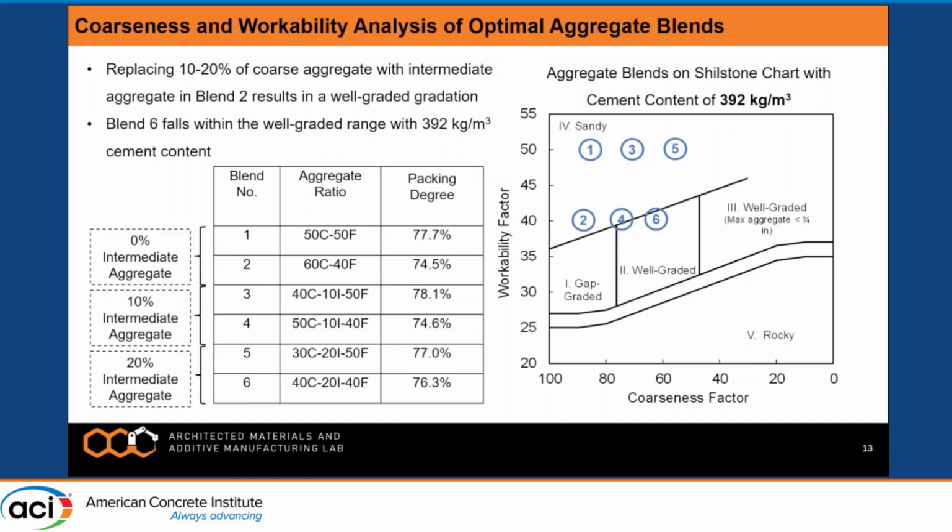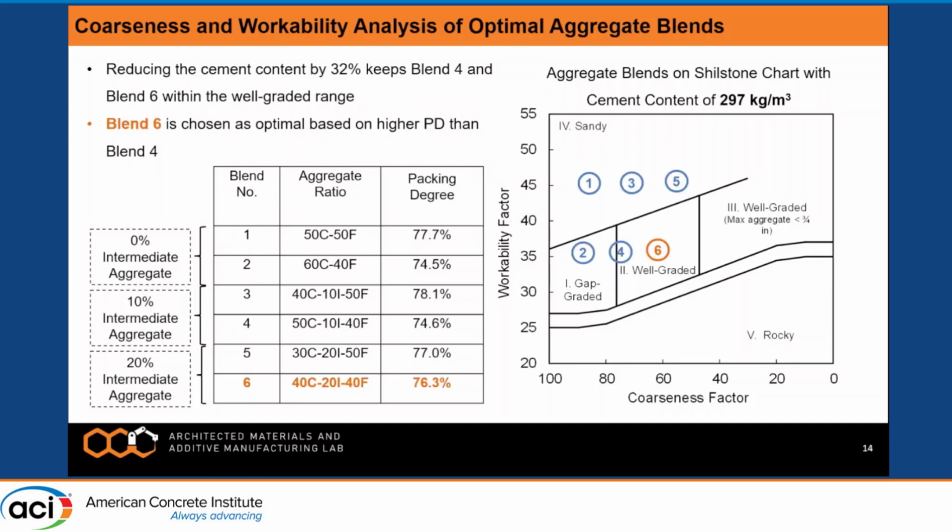Adding a bit of intermediate aggregates, with the cases 3, 4, 5, 6, we see that they are still in the sandy region, and then there's only one case, case 6, with 20% intermediate, 40% coarse, and 40% fine, that somewhat lies in the well-graded region. If we reduce the amount of cement content for this optimized aggregate blend, we move this case 6 with this 40 to 20 to 40 ratio to the middle of this well-graded range.